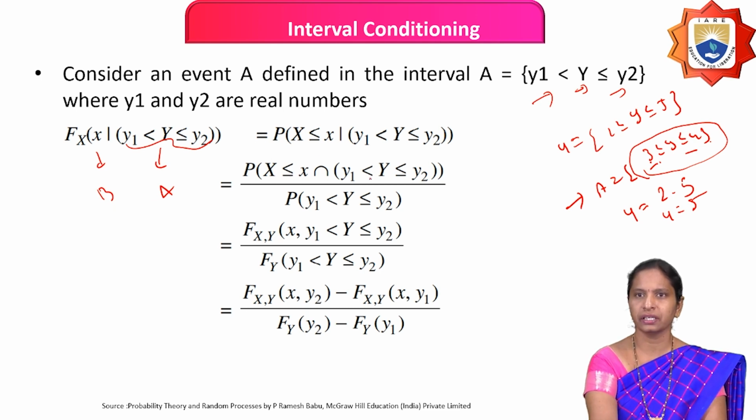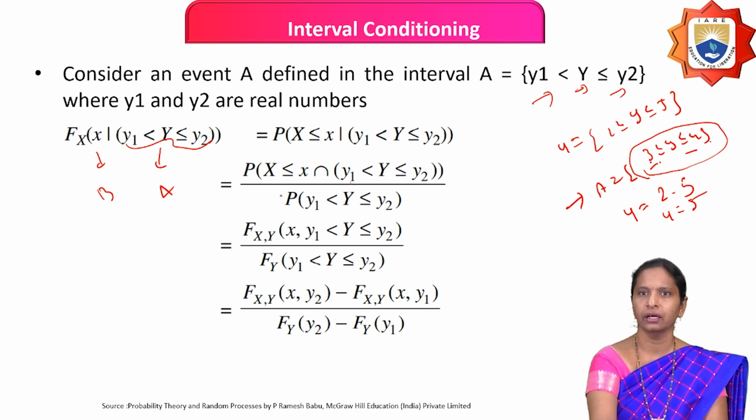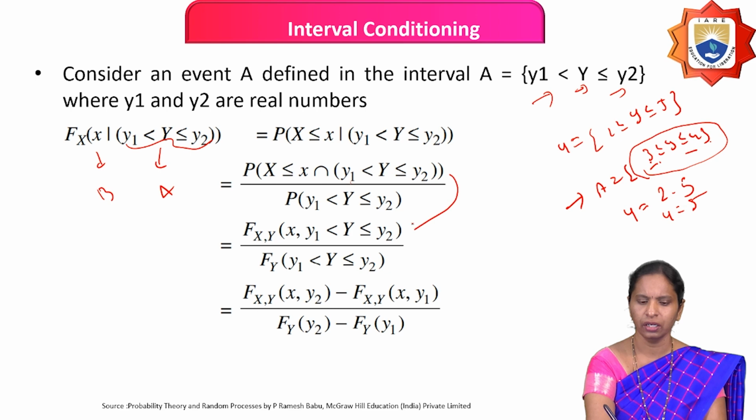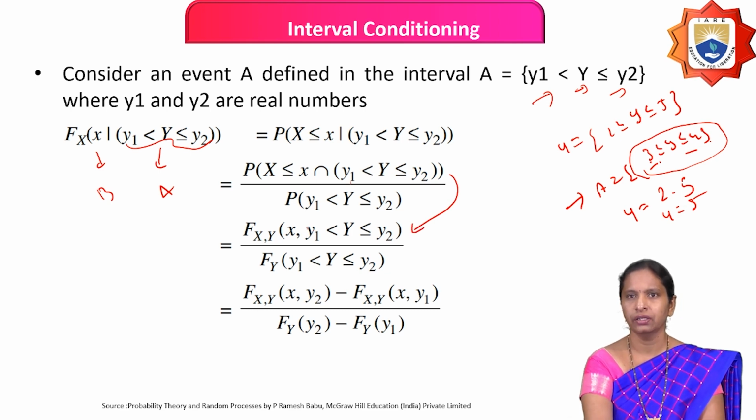P of B intersection A divided by P of A. Therefore, P of x less than or equal to x intersection y1 less than y less than or equal to y2, divided by P of A. What is A here? y1 less than y less than or equal to y2. The numerator is nothing but the joint distribution function, F x y of x comma y, with y taking values from y1 to y2. And what is P of y1 less than y less than or equal to y2? It is the distribution function of the random variable y, with y taking values from y1 to y2.